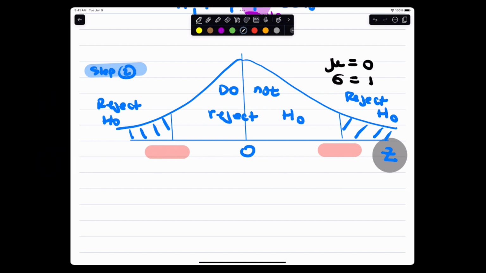This is your standard normal. Now, the last thing we have to find is called critical values. This is what you guys need to know.